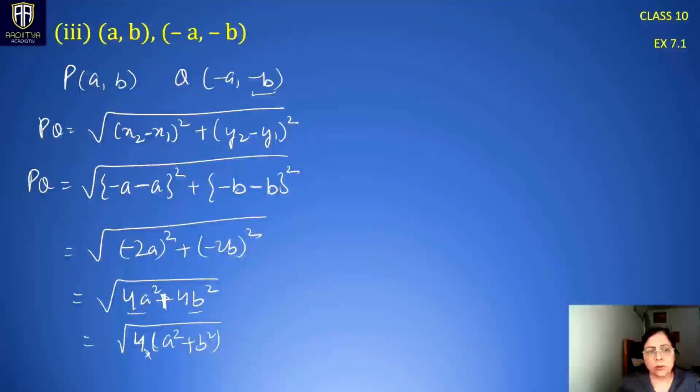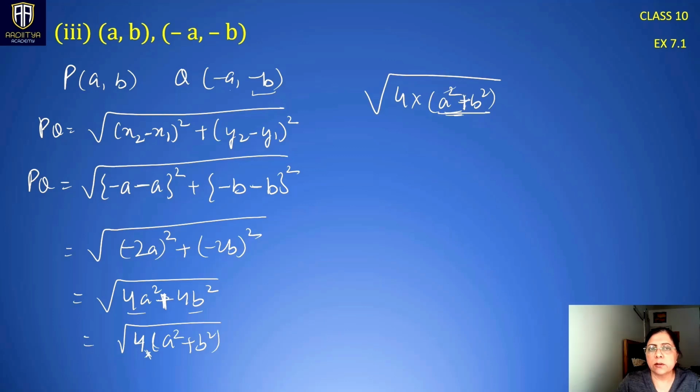So factorize into product. Like this is now 4 multiplied by (a square plus b square). You cannot do anything about this. You cannot reduce this square and square root, since this is an expression which has plus minus signs. You can only deal with these two products, 4 and this whole expression. 4 can be taken out. Why? Because 4 can be written as 2 multiplied by 2. So out of these 2s, one 2 can be taken out.